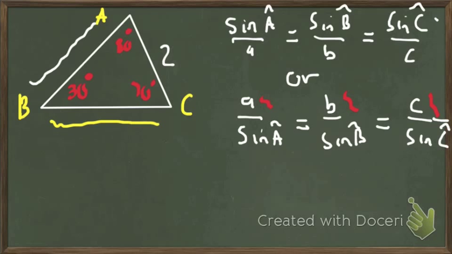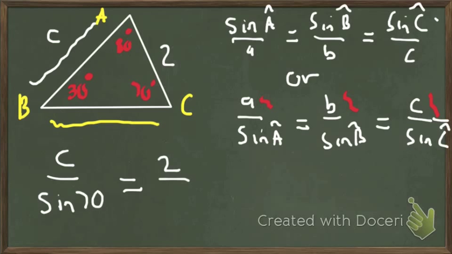If I'm trying to find the length AB, the white squiggly line, let's call it little c. So little c divided by the sine of the angle opposite that, so that would be the sine of 70, would be equal to, well, what's the one side that we do know? We know the 2. So what's the sine of the angle opposite that? It's the sine of 30.